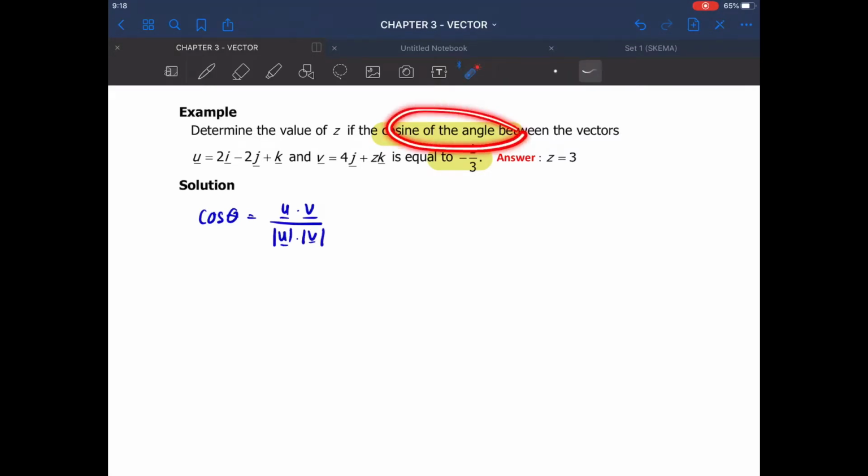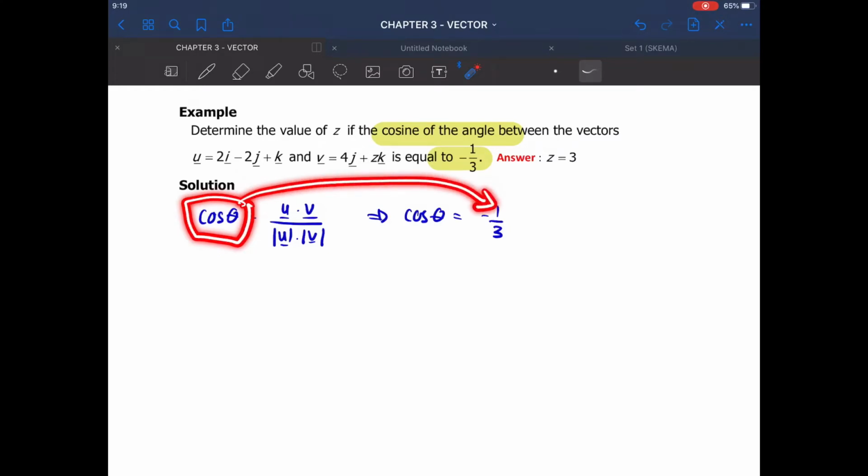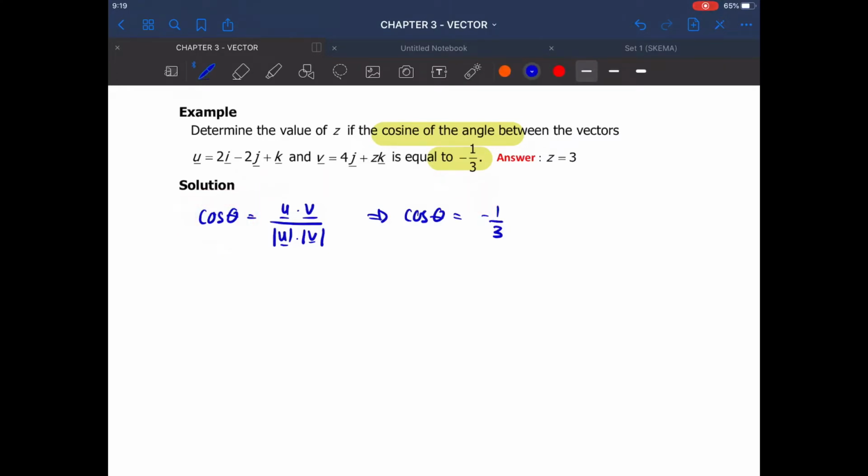So cos theta is equal to negative 1 over 3, which means negative 1 over 3 is equal to u dot v divided by magnitude u magnitude v.